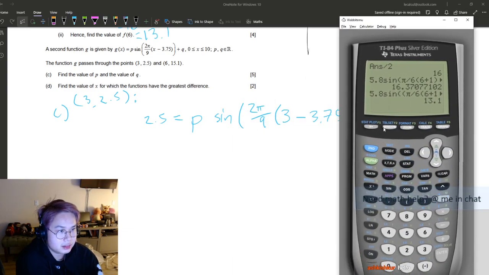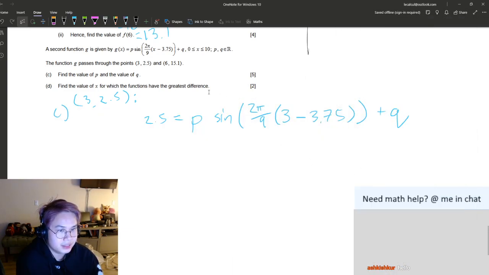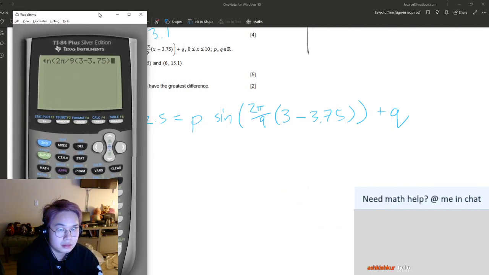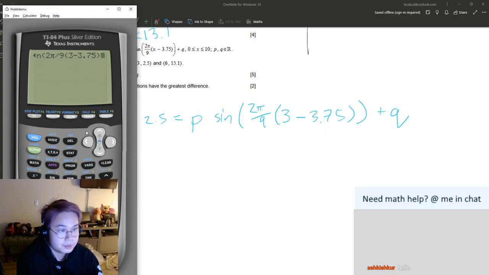Okay, and then back to this one. Let's make all of this look nice, at least as nice as it can be. Sine 2 pi divided by 9 bracket 3 minus 3.75 bracket negative 0.5.